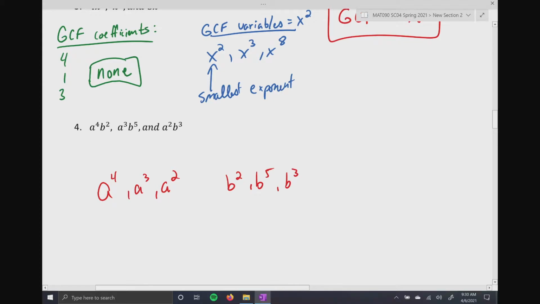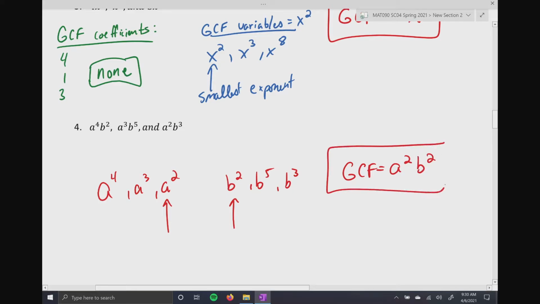Remember, you are looking for the smallest exponent. For the letter A, it's a to the second. And for the letter B, it's b to the second. So your GCF is just a to the second, b to the second, okay? Are there any questions?